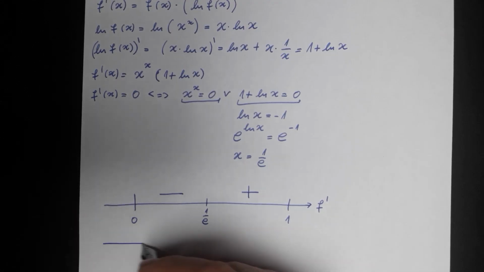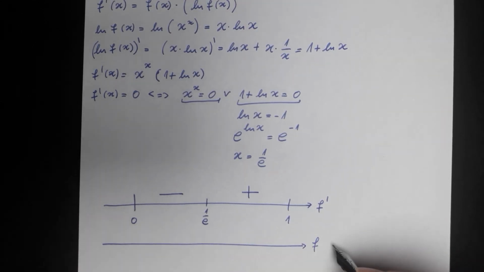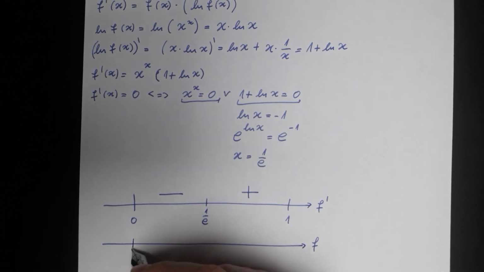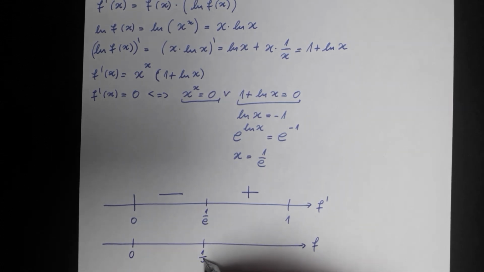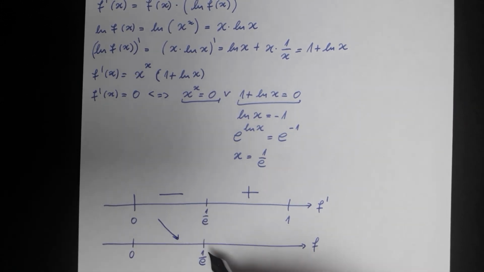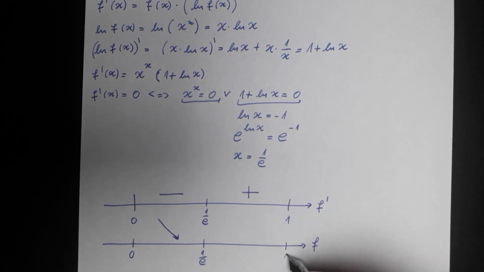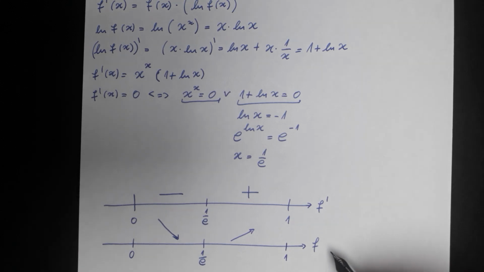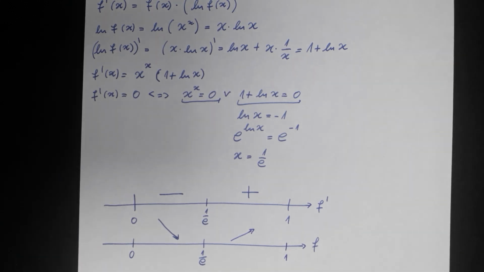So the function f on the interval from 0 to 1 over e decreases as the derivative gives negative values, and on the interval from 1 over e to 1, it increases as the derivative gives positive values. So the function f at the dot 1 over e has a local minimum value.